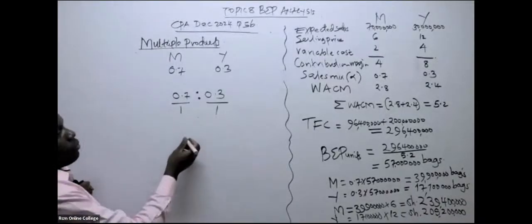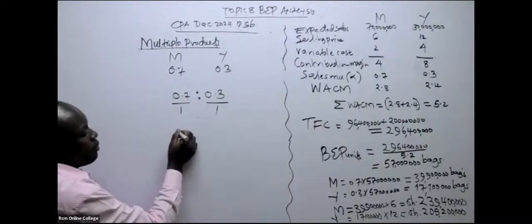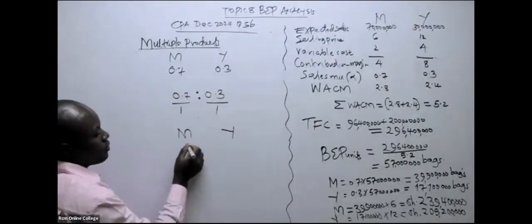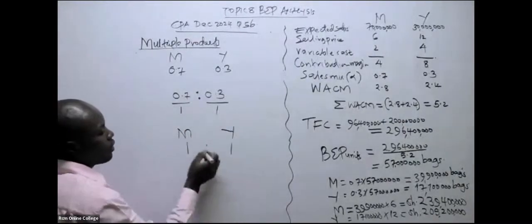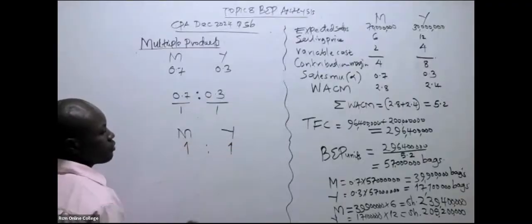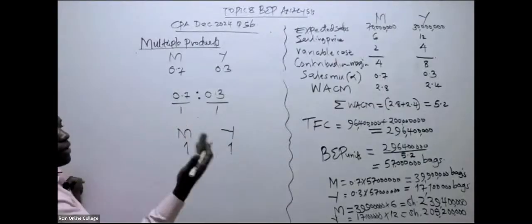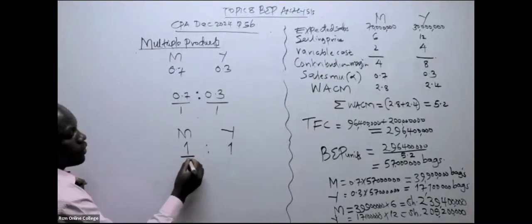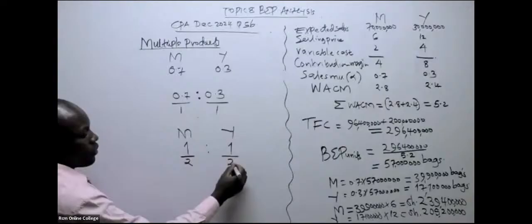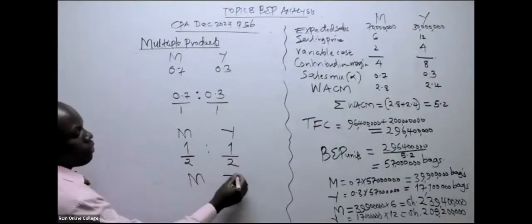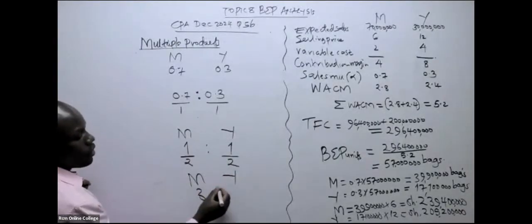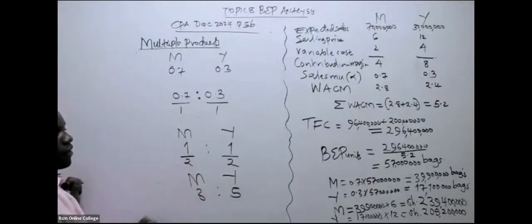What if I'm given now the ratio M to Y as 1 is to 1? What will be the proportion? If that is the case, add the 2. When I add the 2, I will have 2. So it is 1 over 2, 1 over 2. What if M is to Y is given as 3 is to 5? Add these 2, it will give you 8.